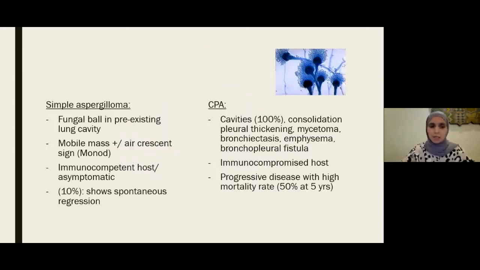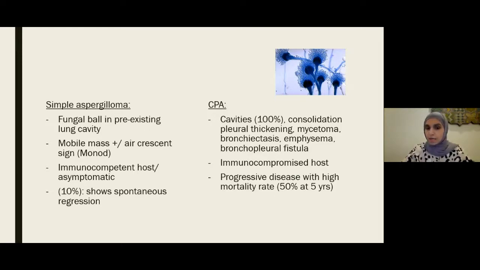Simple aspergillosis is a fungal ball seen in a pre-existing lung cavity, showing a mobile mass with an air crescent sign. Usually the patient is asymptomatic and immunocompetent. 10% show spontaneous regression.